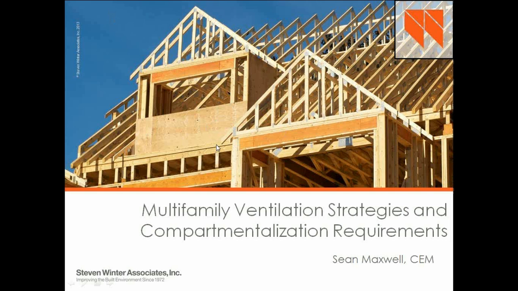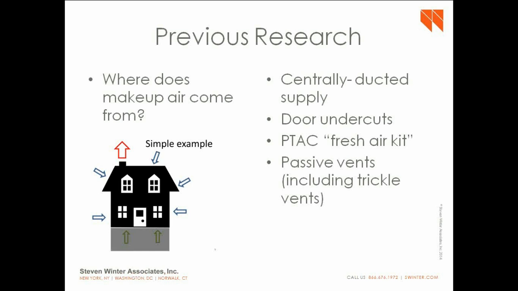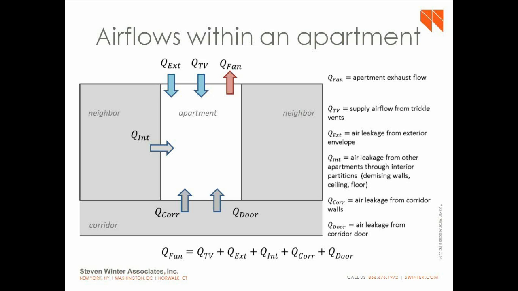In some buildings it's pretty easy to tell. With centrally ducted supply, like an ERV, it's easy to measure and verify that there's air coming into the unit. We've also tested buildings with door undercuts as a means of makeup air. Corridors are pressurized and the units are depressurized, and air is supposed to make its way under the corridor door.